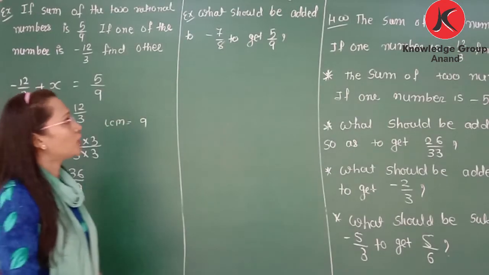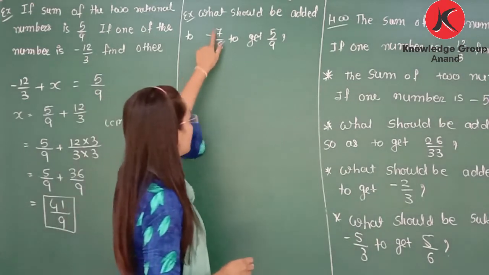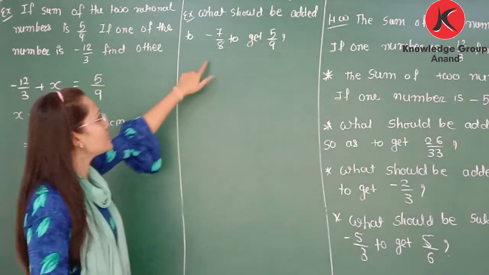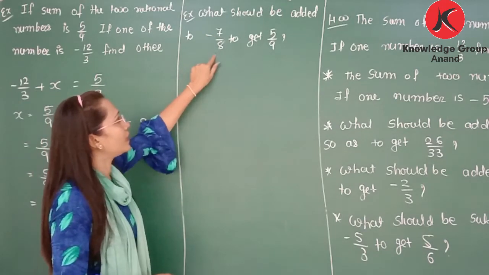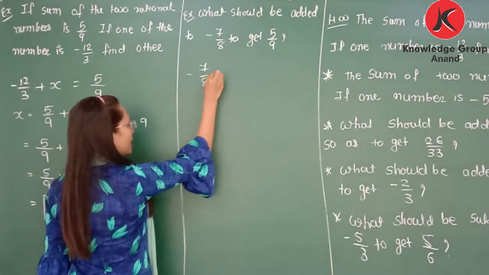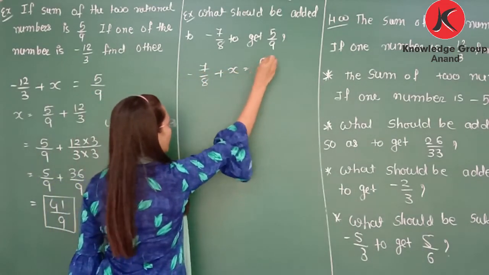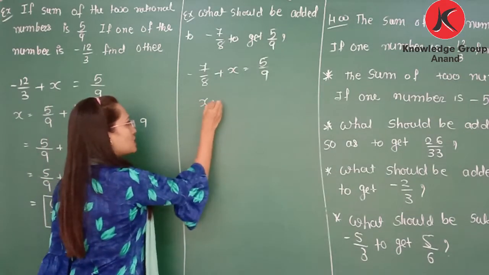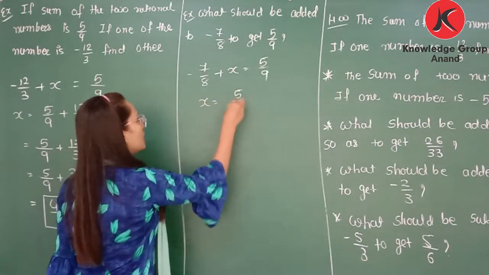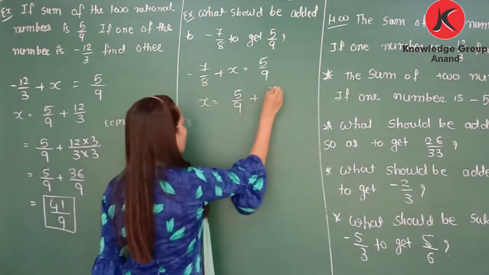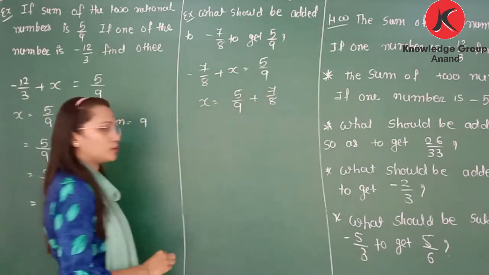Now next, what should be added to minus 7 by 8 to get 5 by 9? Okay, we should add something to minus 7 by 8 to get 5 by 9. So here minus 7 by 8, add something, we get 5 by 9. So here we need to find x. So x is 5 by 9, and 7 by 8 from the left side to the right side becomes plus 7 by 8.